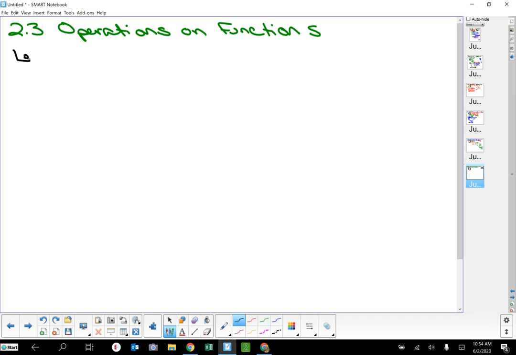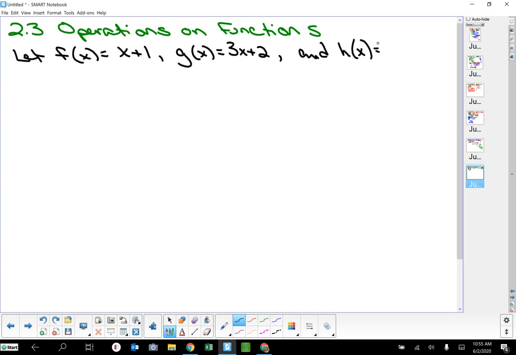It's going to say, let f of x equal x plus 1, g of x equal 3x plus 2, and h of x equal 3x squared plus 4x plus 1. Then you're told, write a formula for the following functions.